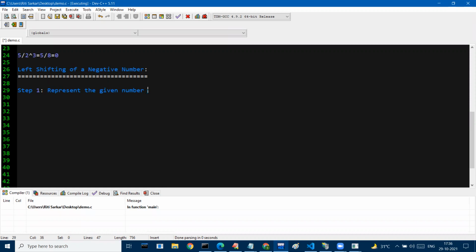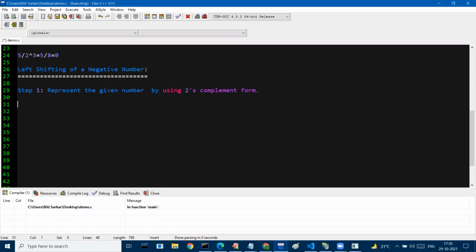So represent the given number, which here is definitely a negative number, by using 2's complement form. What does it mean? Suppose a given number is there for which you have to make the left shift.